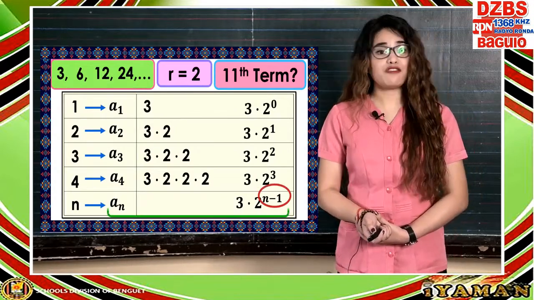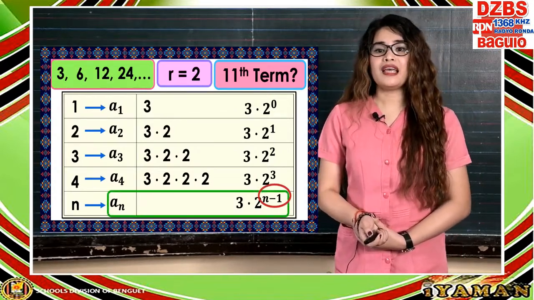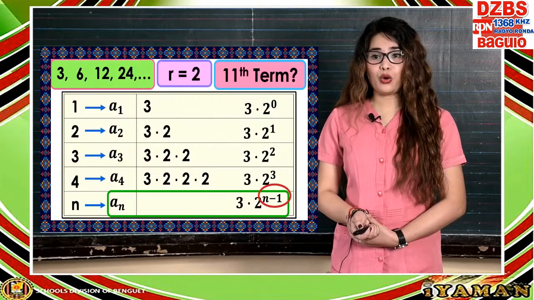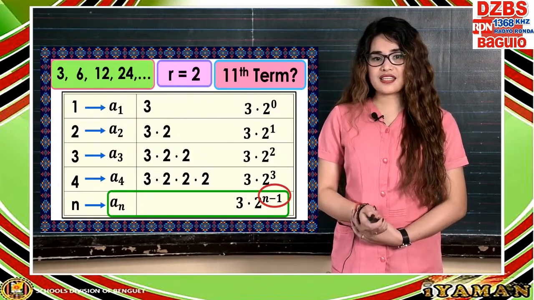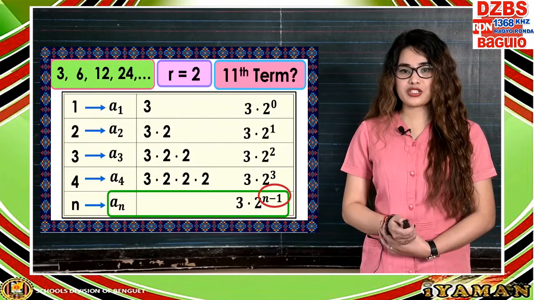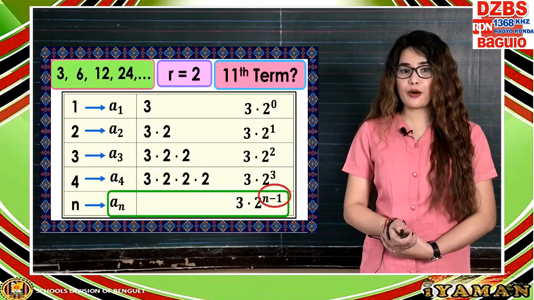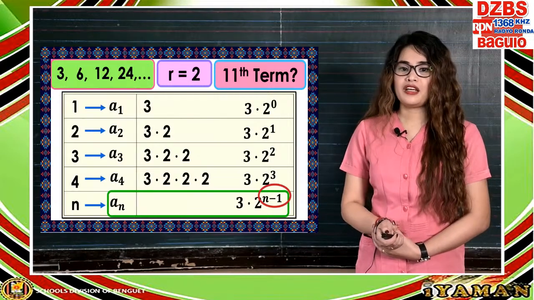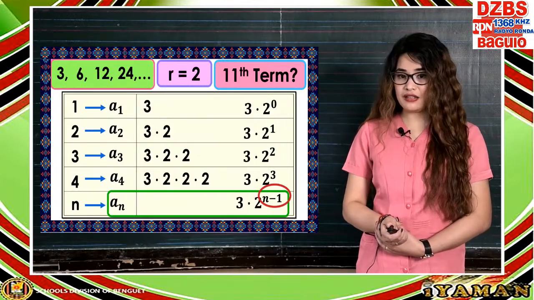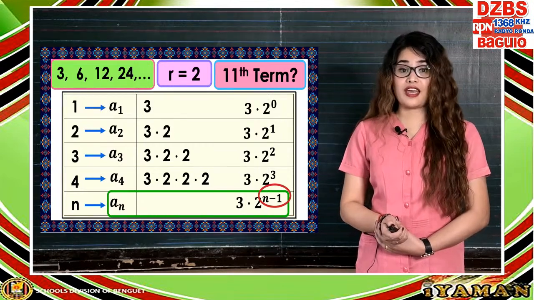So that means if we want to find a term, let's say the nth term, let's set that equal to 3 times 2, and my exponent is 1 less than the number of the term. If the number of the term is n, then the exponent is n minus 1.